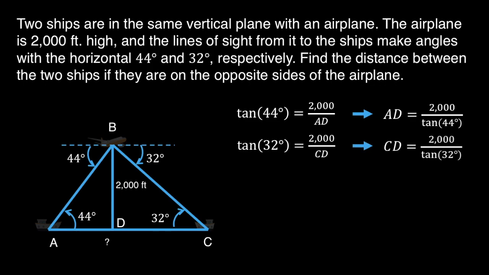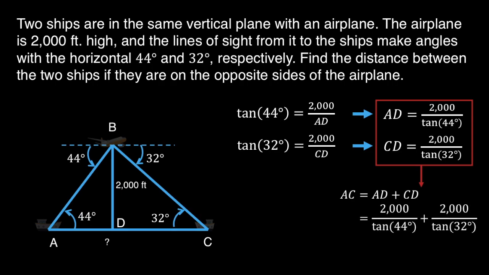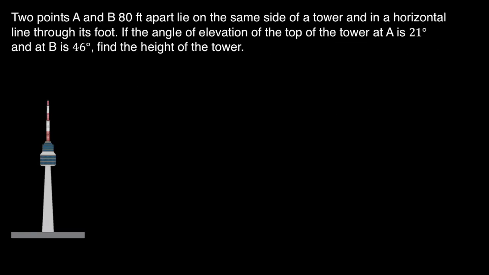We isolate CD to get CD equals 2000 divided by tangent of 32 degrees. Now AC is just equal to AD plus CD. We know the values of AD and CD. Substituting, we get 2000 divided by tangent 44 plus 2000 divided by tangent 32. Calculating, this gives us 5,271.73 feet.